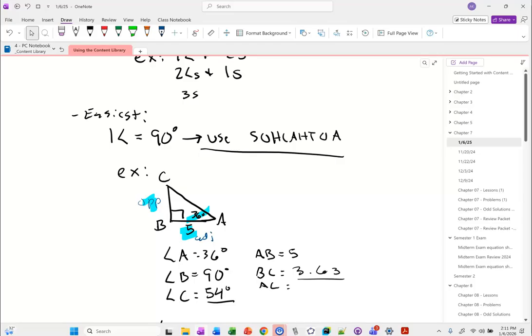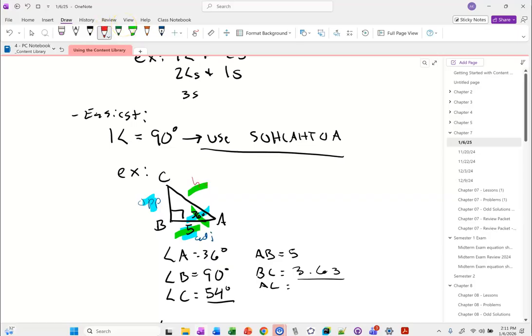So I'm going to pick an angle to use. Let's use the 36 again because it was given to us and I'm positive no arithmetic error happened in the course of finding that number. And I'm going to use the 5 because that was given to me. That's still adjacent, and I'm looking for AC.